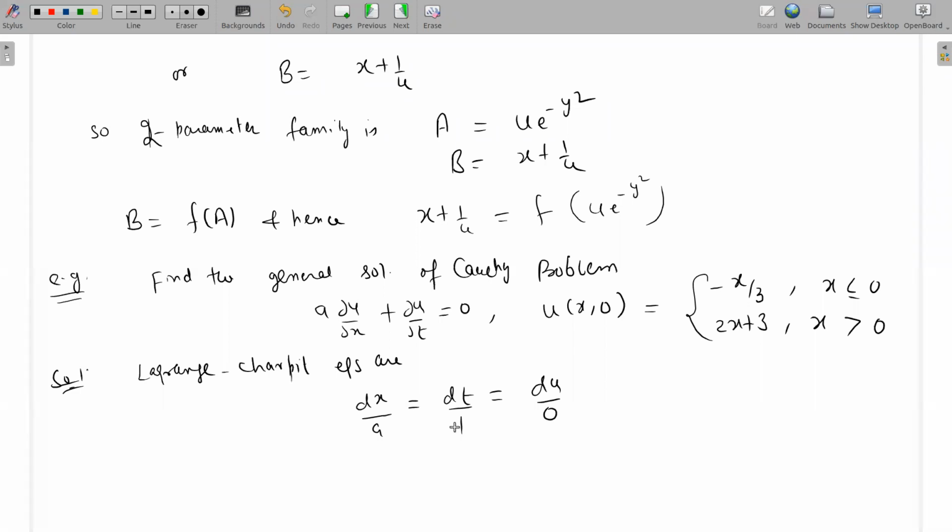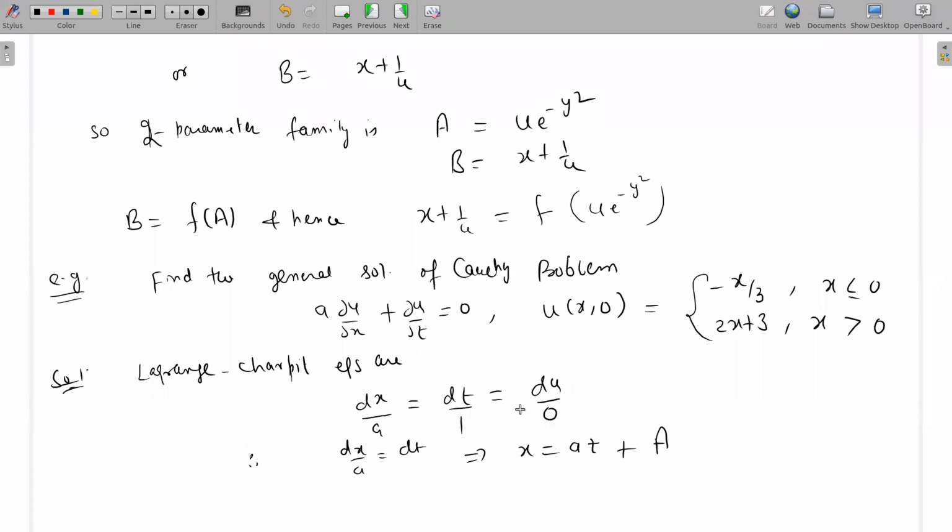So from first two ratio, you have x equal to at plus constant, and from last ratio du by 0, so this means u is constant.